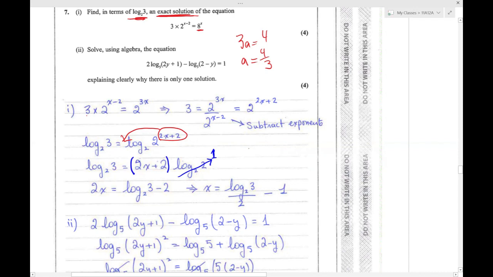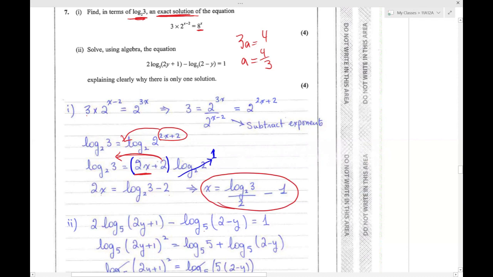Here you don't use the exponent rule. You take this to the other side. So you're going to have 2x. You take the 2 to the other side, and then you divide by 2, and you're going to have this answer.